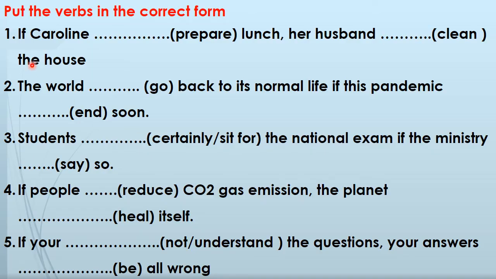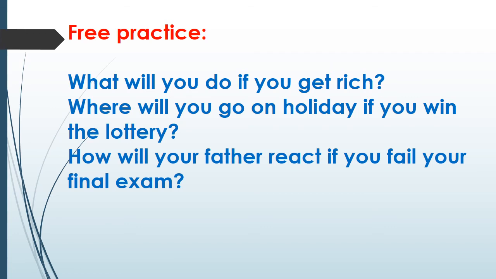Next exercise here, we have put the verbs in the correct form. It's easy. If Carolyn what her husband wants, it's an easy task. You do it, please. And here, free practice, you're going to ask questions like this and you answer them. For example, you ask your friend, what will you do if you get rich?